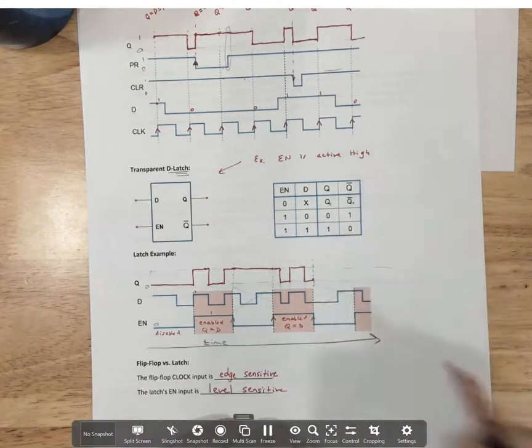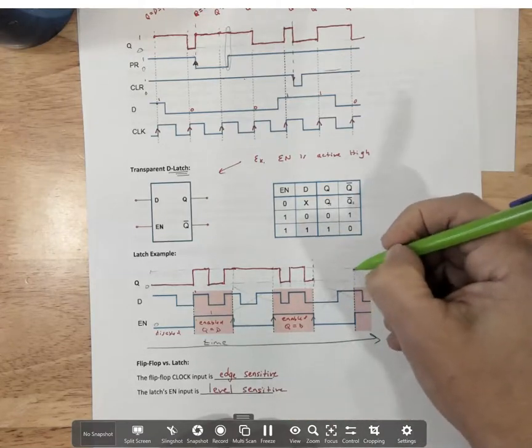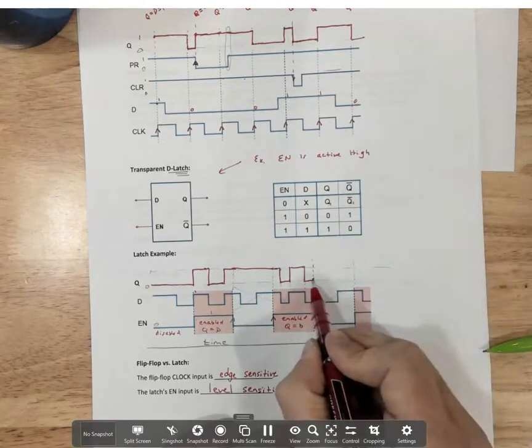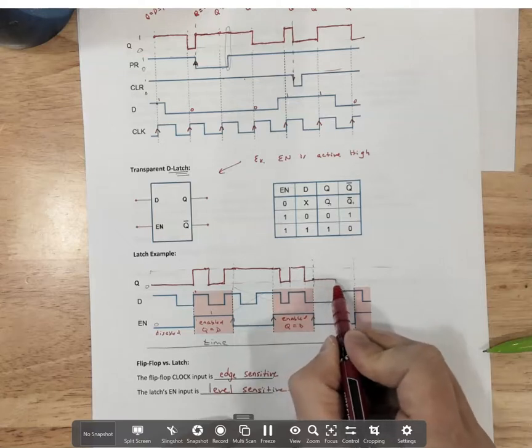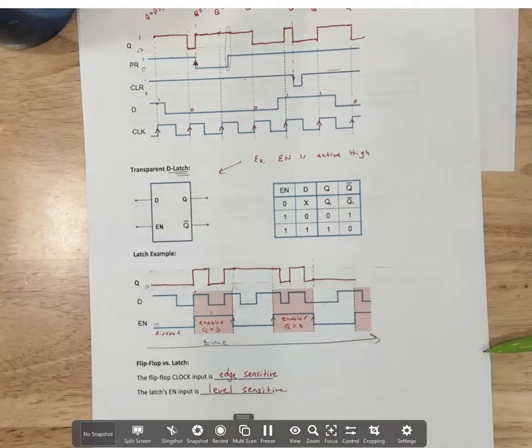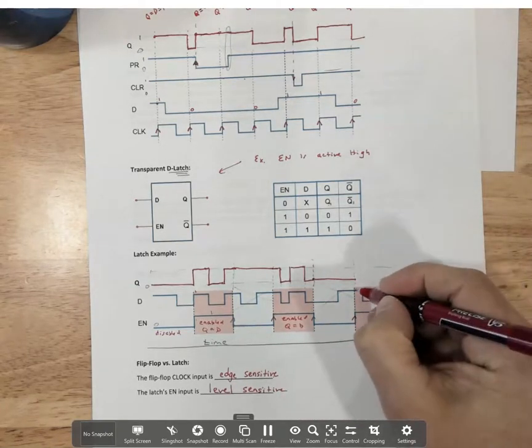Once the enable's turned off, we're stuck where we're at until the enable reactivates. We were low when the enable went off, so we're just stuck low. Once we re-enable, we're free to match again.